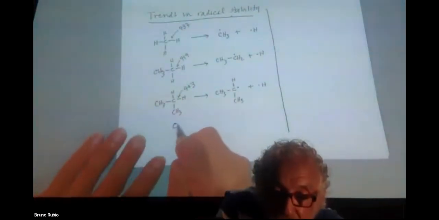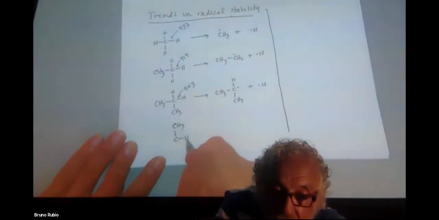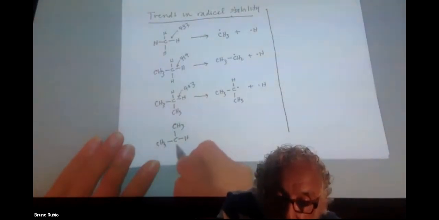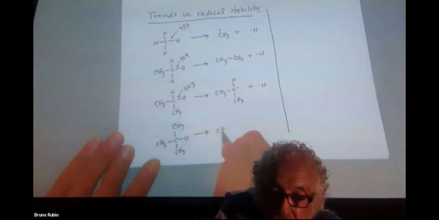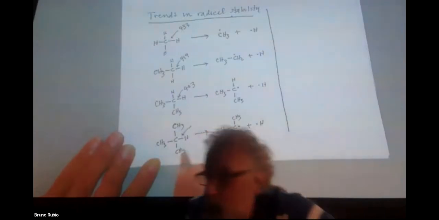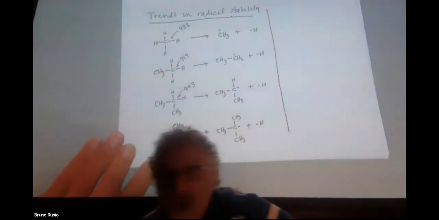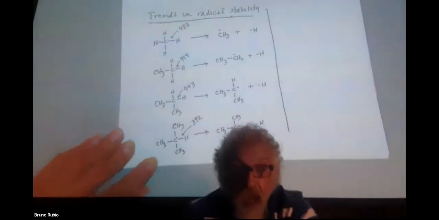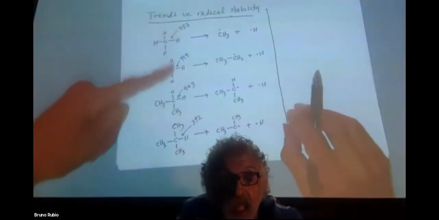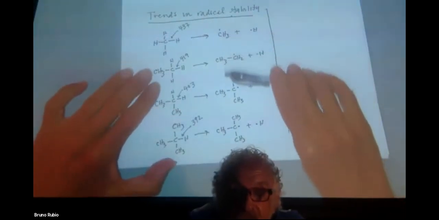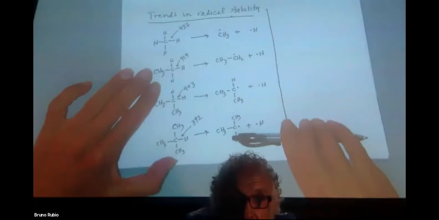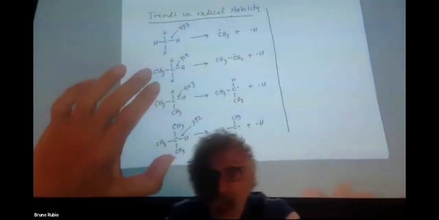And now if I replace the final hydrogen with another methyl group, I'm going to get this radical here, plus H dot, and this bond dissociation energy here is worth 392. These BDEs are going down. How do we interpret that? The stability of these radicals is going up. This radical forms more readily than that.